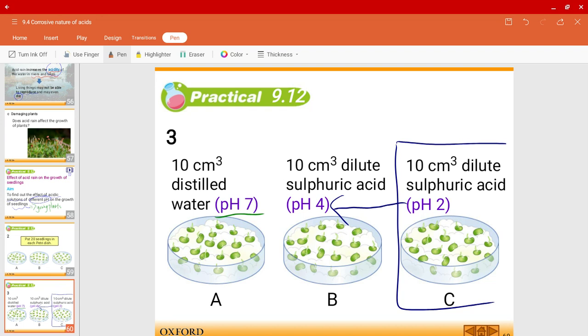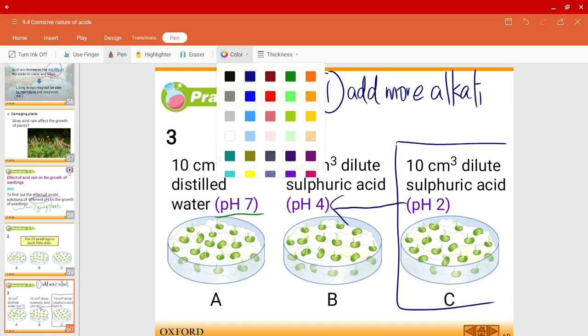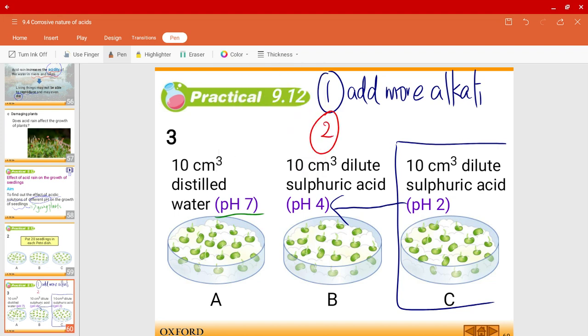There are 2 ways to do so. First off, I could add more alkali, right? That is one way to increase the pH value. And the second way would be to add more water, because water is pH 7. Of course, it would increase the pH from pH 2 to pH 4.